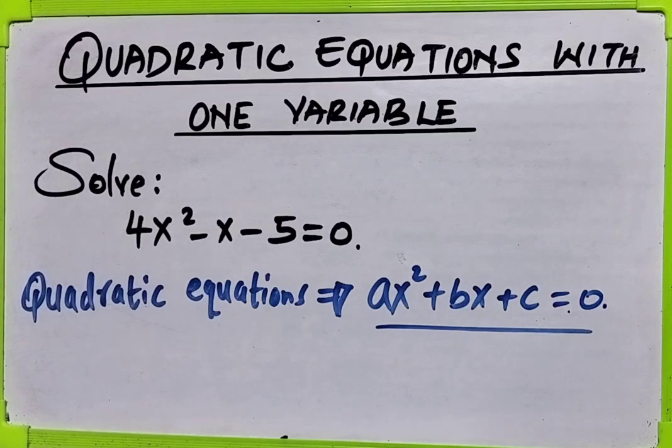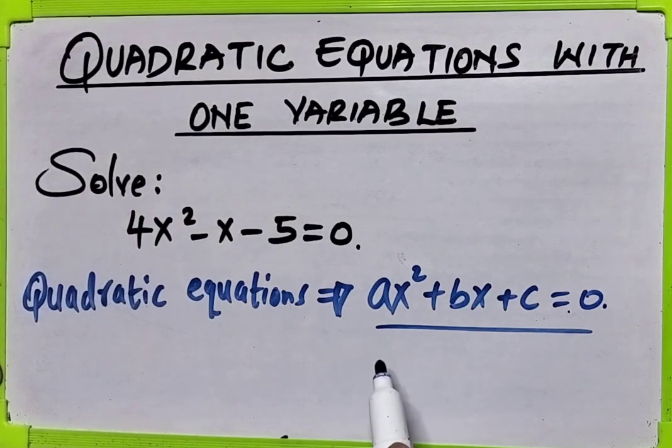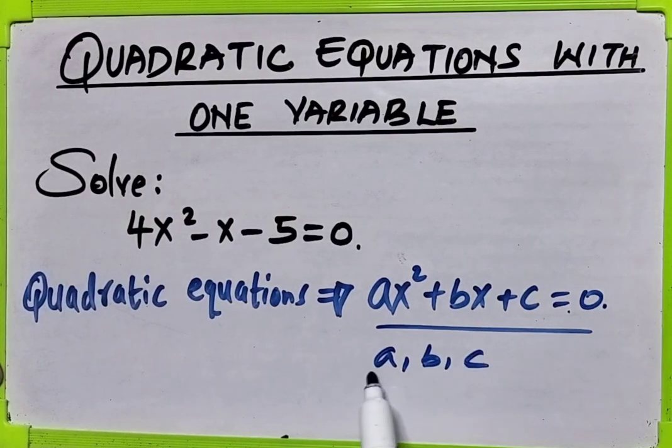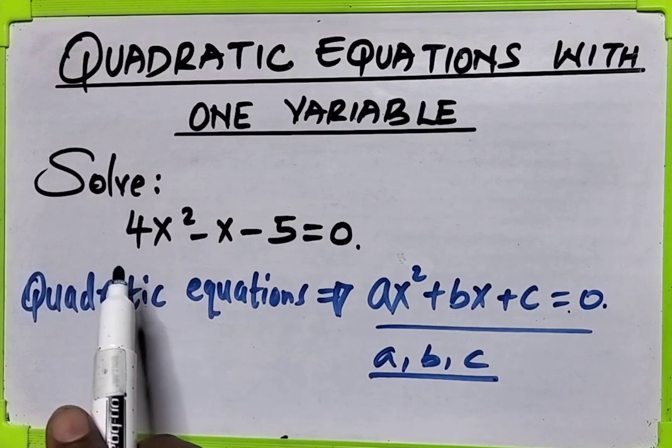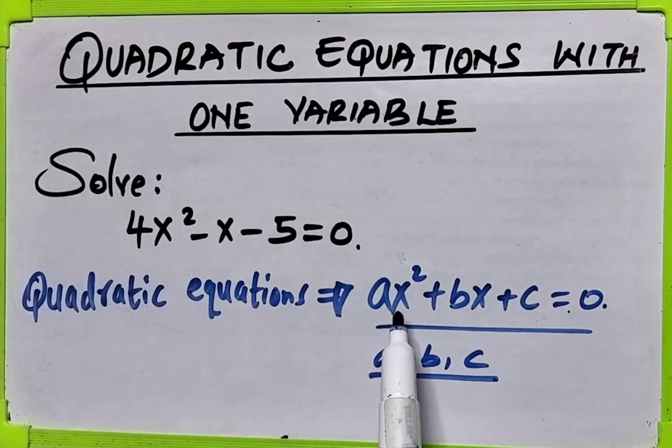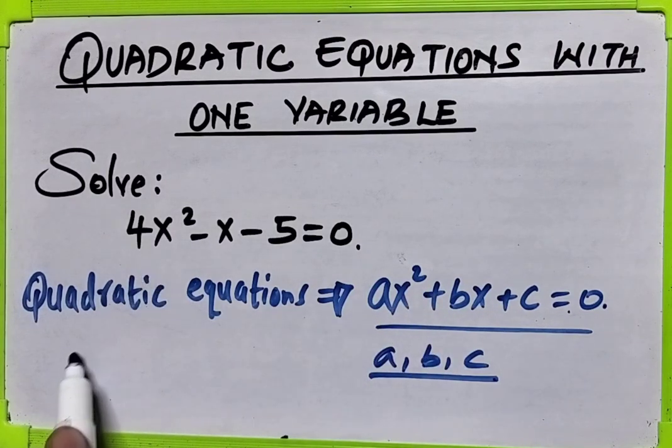If you look at this form and also the equation that we have, you can extract the values of a, b, and c, which are very crucial in looking for the value of x. The coefficient of x squared is 4, so our a is 4.